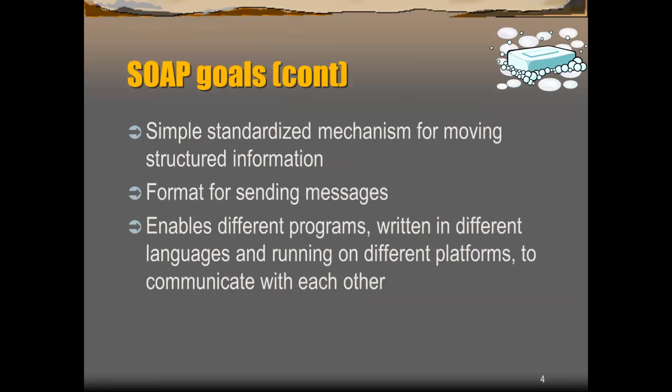And SOAP is a simple standardized mechanism for moving structured information, and it has a standard format for sending messages, and it also enables different programs written in different languages and running on different platforms to communicate with each other. So this is the advantage of SOAP.